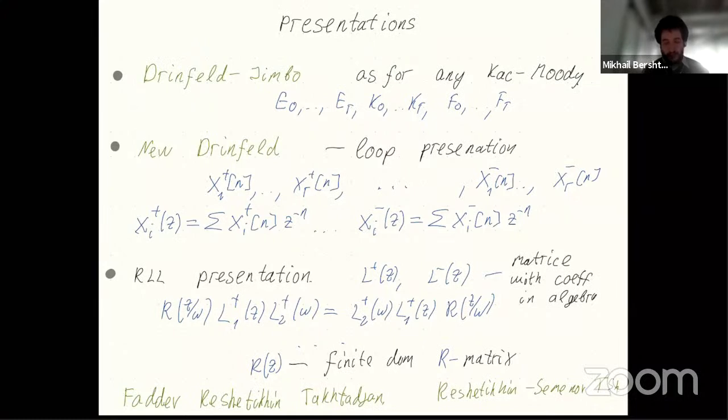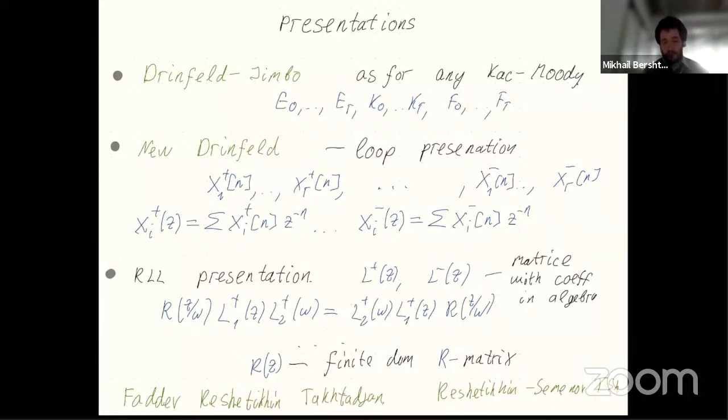So I plan to spend this and the next lecture on the SL2 case, and then I will have some remarks about history, references, and how to do this for any quantum affine G hat, starting from a finite dimensional simple algebra G. So today we will talk about SL2, and next time we also talk about SL2. But just to have in mind this picture, this is what we should expect: three different presentations of one algebra.